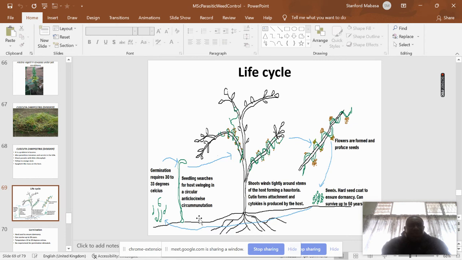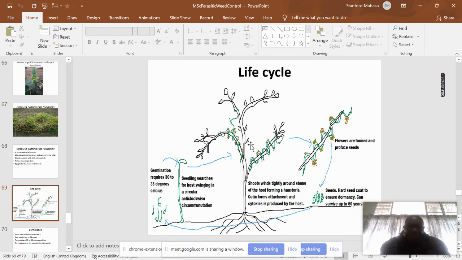It will be looking for the host. Probably it is attracted through some chemicals in the air. We are not sure. Once it gets into contact with the host, it grows right around the host branch.